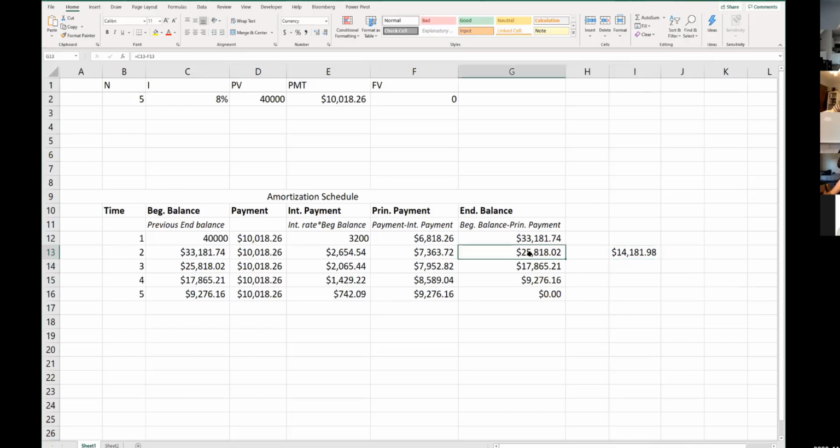So you'll still have $25,000 outstanding after the second year, right? So it feels like it should be 20,000, but there is a breakdown for the interest and the principal of how much of that actually went towards the principal.